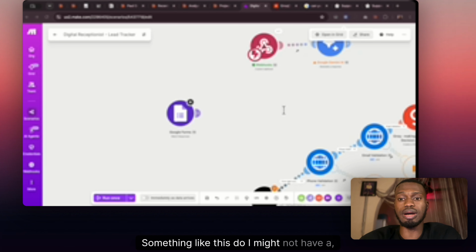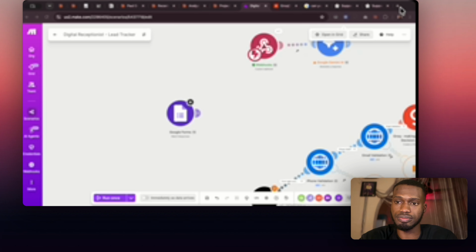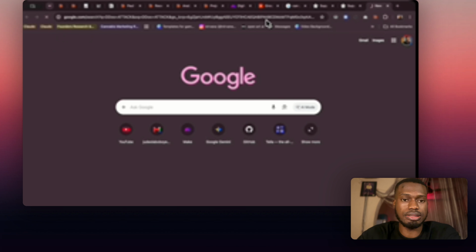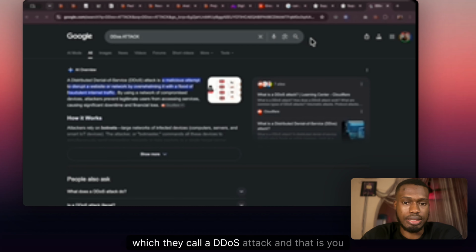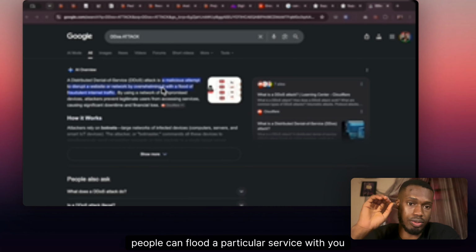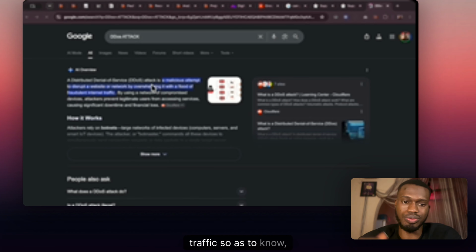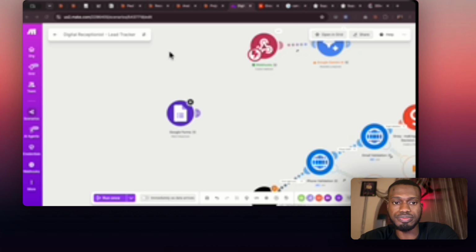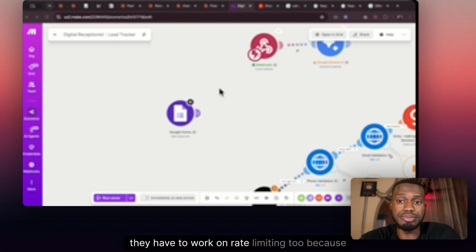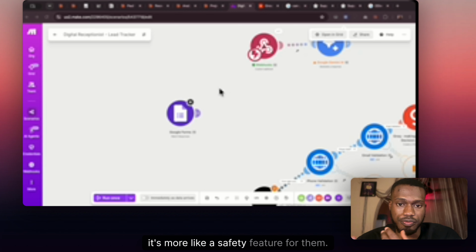Something like this, though I might not have any ulterior motive aside from a personal thing, but there is this attack which they call a DDoS attack, and that is where people can flood a particular service with a lot of traffic so as to break it down or disrupt the server, basically. So in cases like this too, they have to work on rate limiting, because it's more like a safety feature for them.